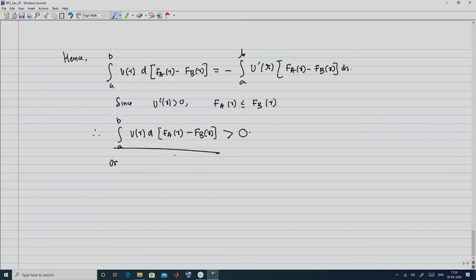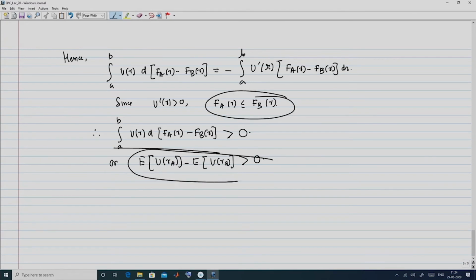And since this integral, you will remember, is nothing but the expected value of u of r_A minus the expected value of u of r_B, this is greater than 0. So, it is because of this condition that we have been able to arrive at this condition in terms of the expectation to show first order stochastic dominance.